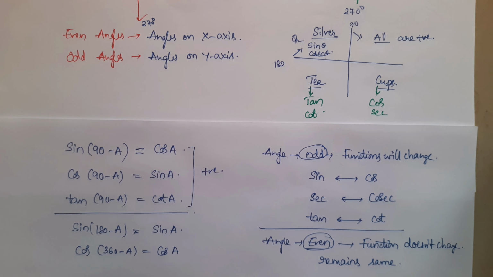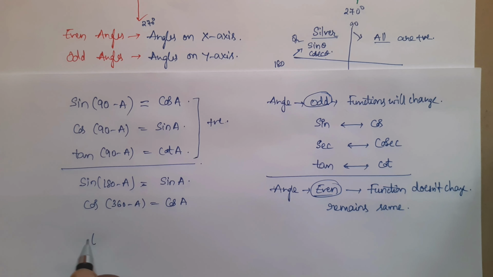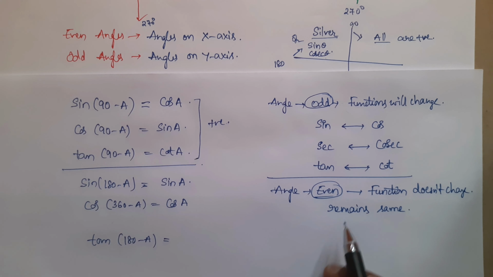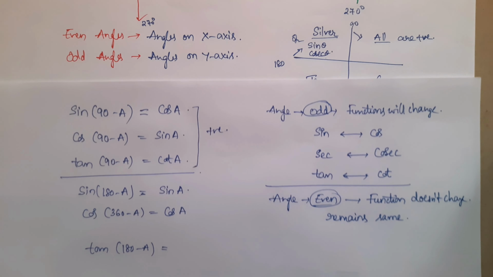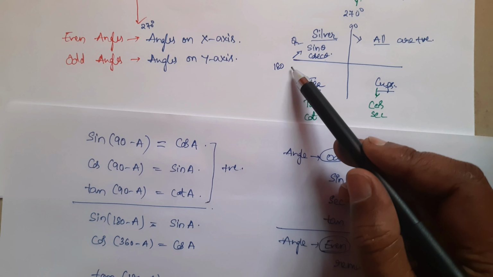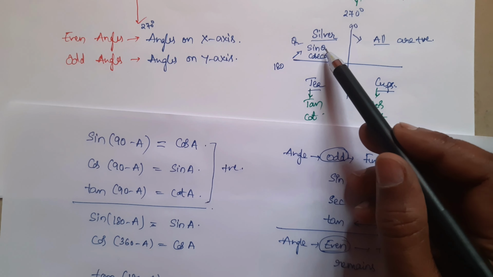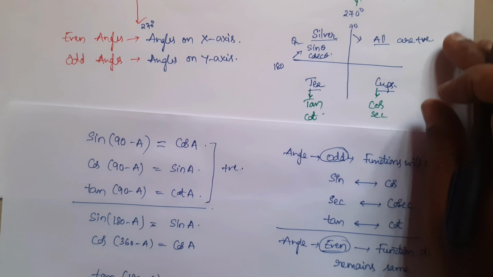Instead, if I write tan of 180 minus a, as we have an even angle, the function does not change, and afterwards, as tan is not positive in this quadrant, tan is negative here.